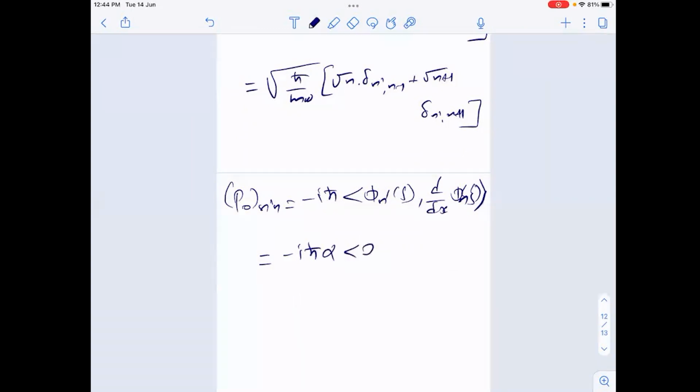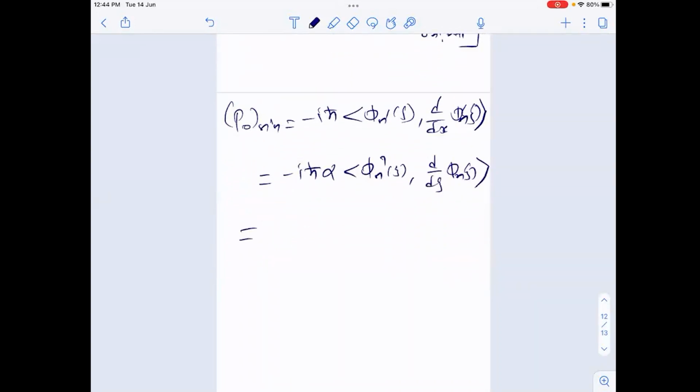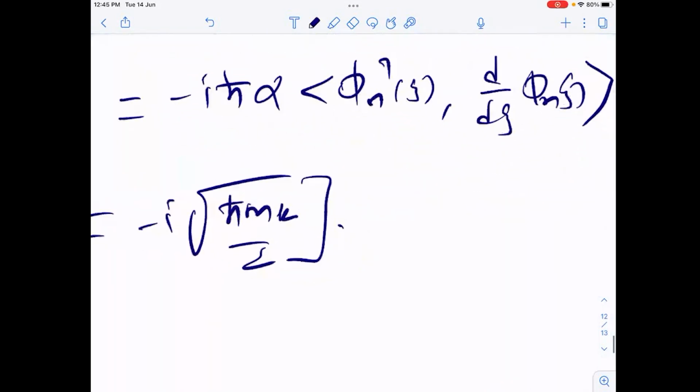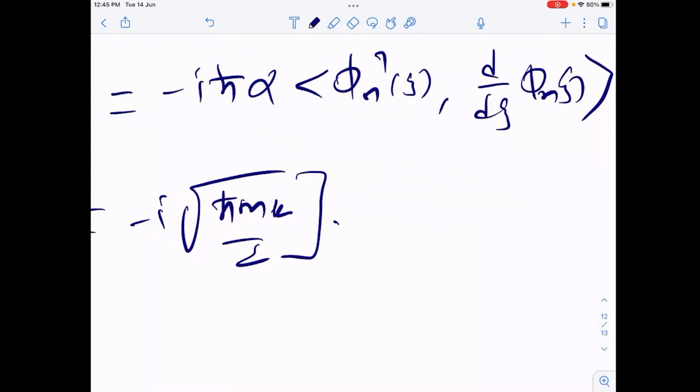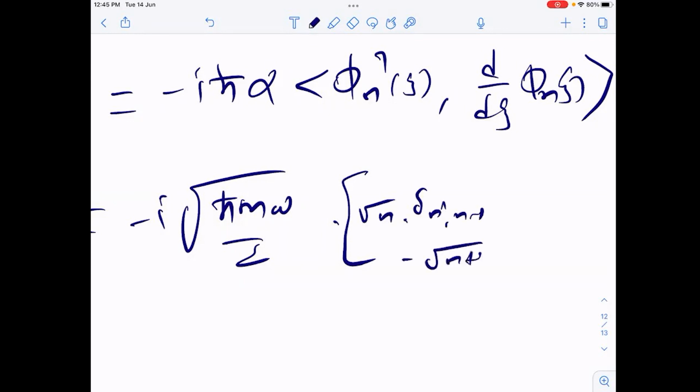It will be alpha phi n dash function of chi d by d chi phi n of chi expectation value, and you will find that it will be minus i under root h cut m omega by 2 into under root n delta n dash n minus 1 minus under root n plus 1 delta n dash n plus 1.